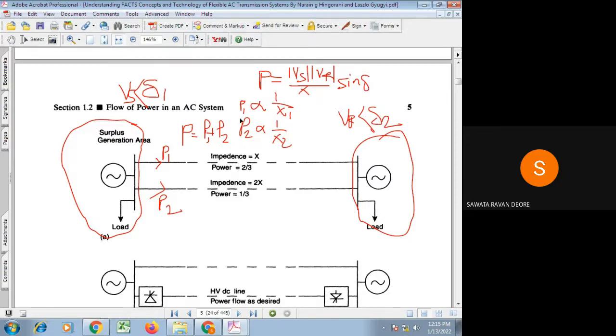So as per these two equations of proportionality for P1 and P2, if we take the ratio of P1 by P2, we come to know it is equal to x2 by x1.